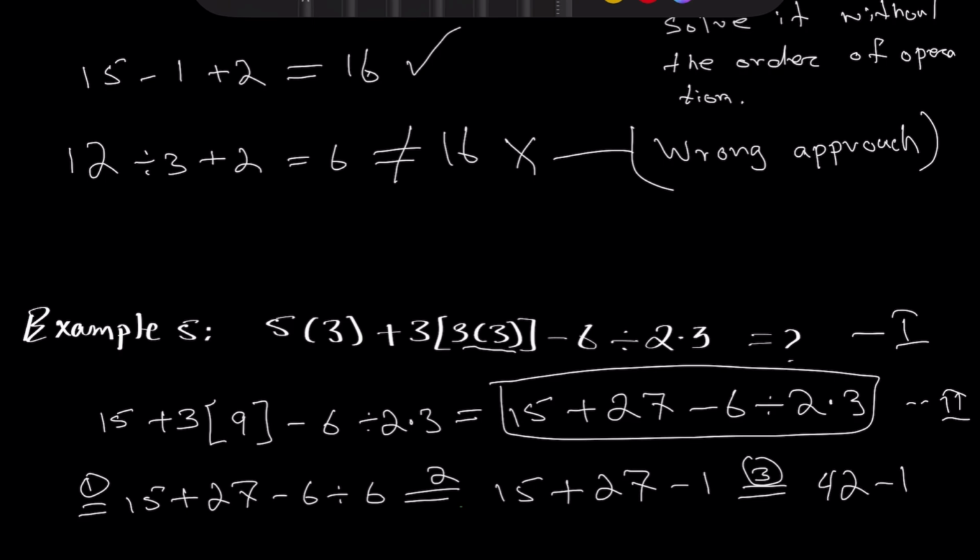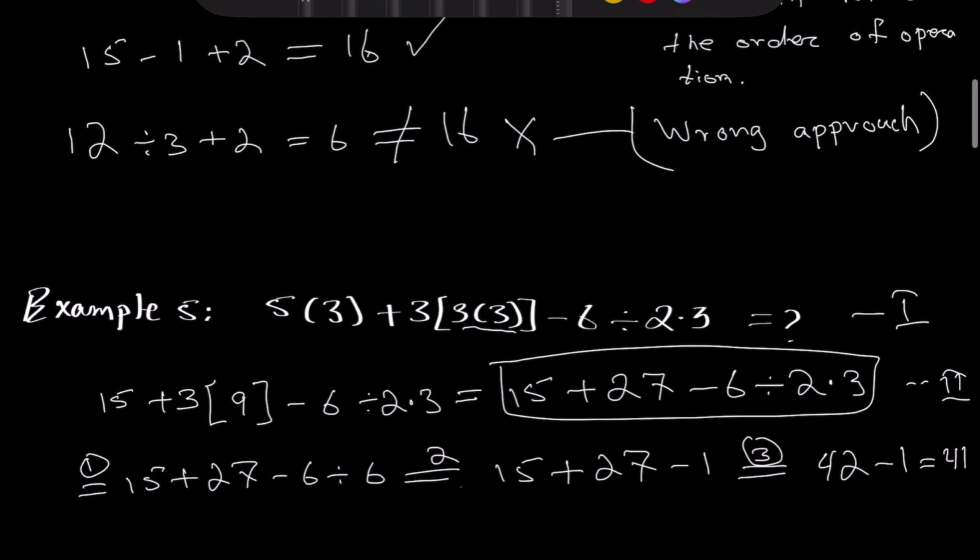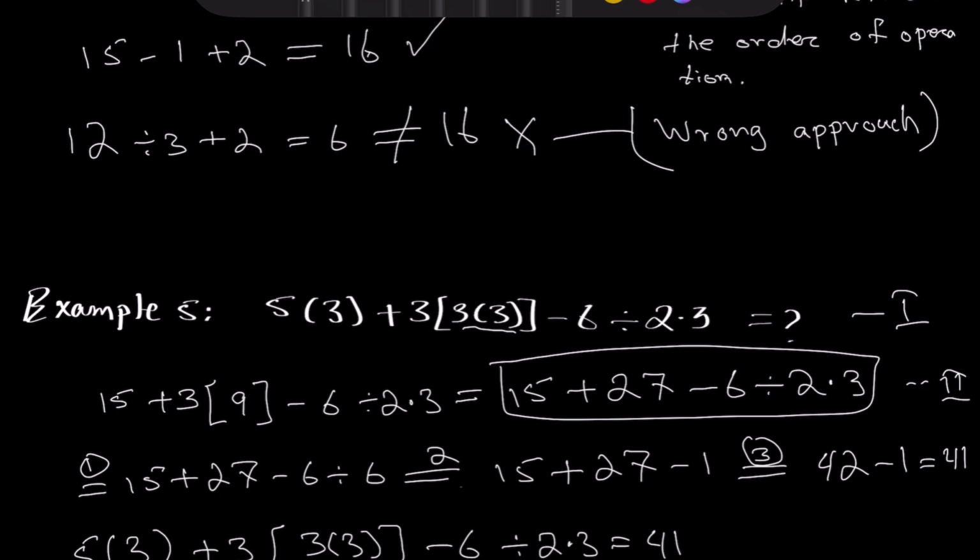So it will be 41. Okay, so this is the final answer for 5 parentheses 3 plus 3 bracket 3 parentheses 3 close bracket minus 6 divided by 2 times 3: it is equal to 41.